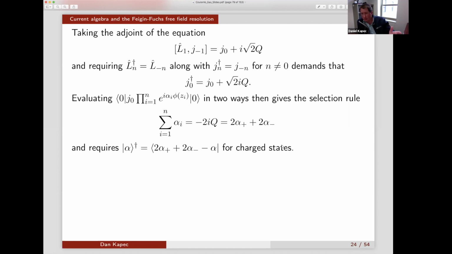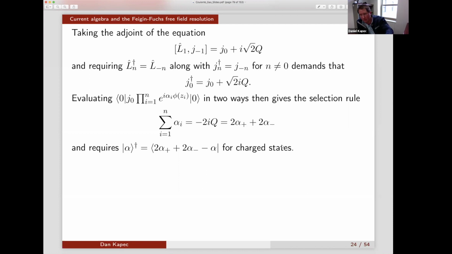So now if we insert that into a string of exponential operators, if you act to the right, you will get the sum over the momenta, and if you act to the left, you will get this constant. Okay, so, in the theory without the background charge, all of the momenta have to add up to 0. Now they need to add up to minus 2iq, and since q is imaginary for us, that's a real number.